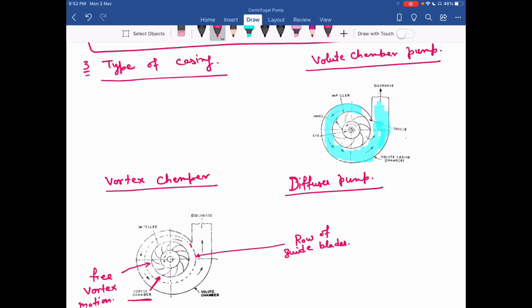Such a pump becomes a diffuser pump. So the water enters from the impeller to the guide vanes, and then it goes to the casing. Again, there is a simple casing, that is the spiral or volute type of casing.